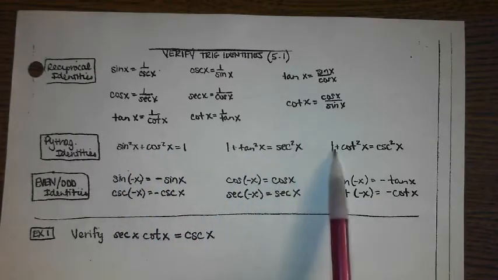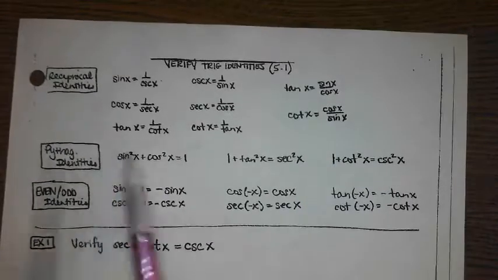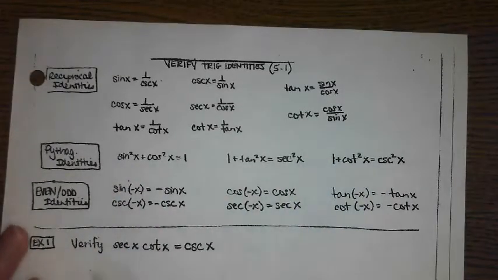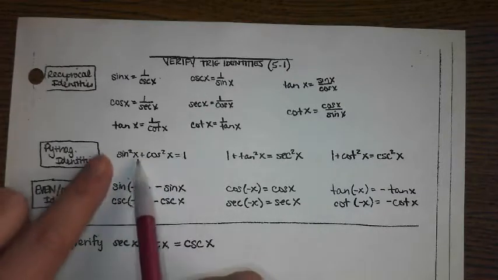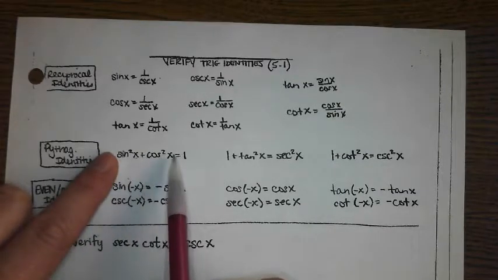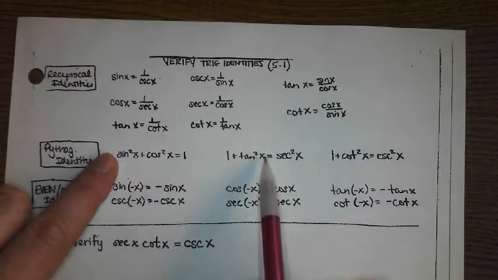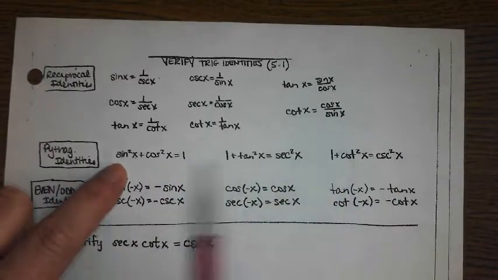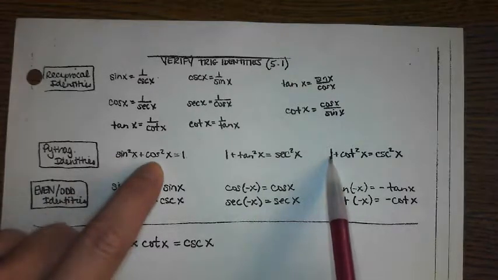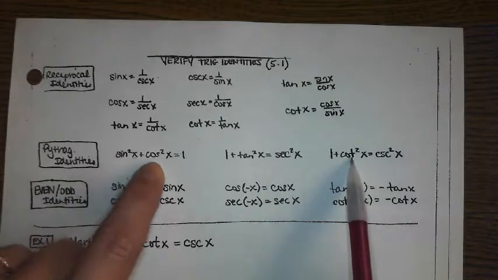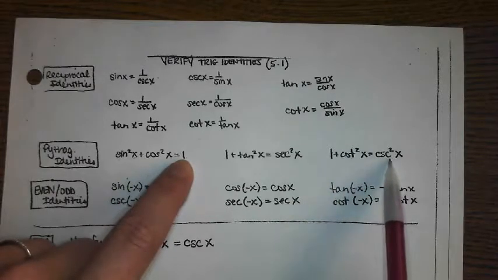And the way you get to these other two, if you don't remember them, is you can just divide everything here by sine squared. When you divide by sine squared, sine squared divided by sine squared is the 1. Cosine squared divided by sine squared is cotangent squared. And 1 divided by sine squared is cosecant squared.